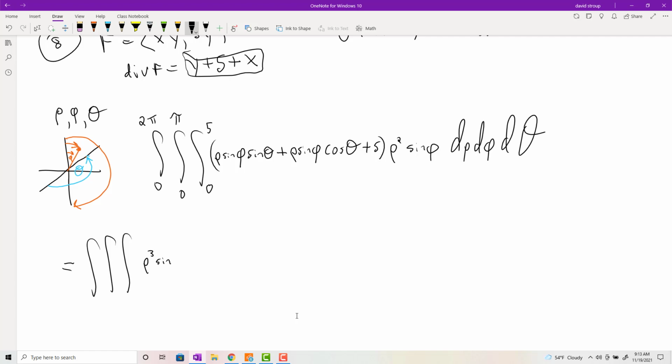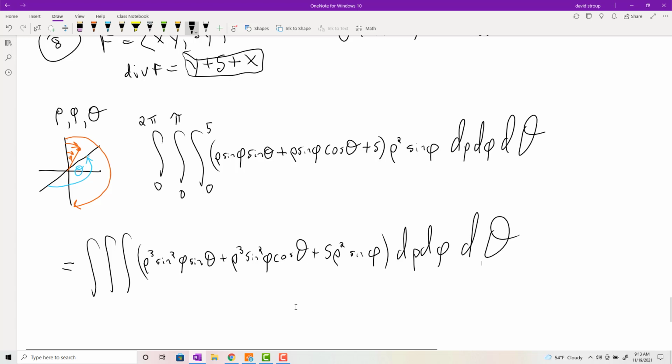So what do I got? Rho cubed sine squared phi sine theta plus rho cubed sine squared phi cosine theta. So you should be able to do some simplification, maybe. I don't think that I will, though. I think I end up doing u subs or something. Well, we'll see. D rho, d phi, d theta.